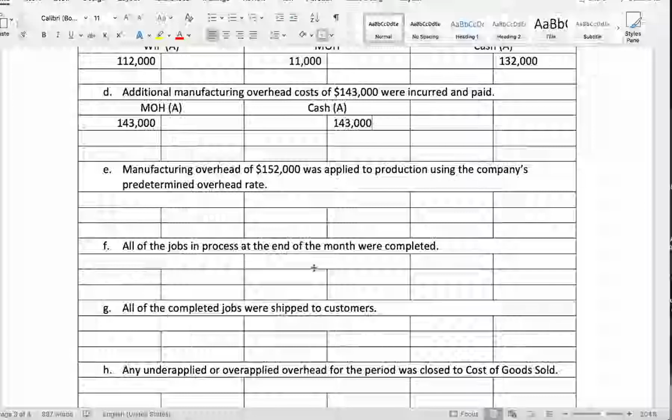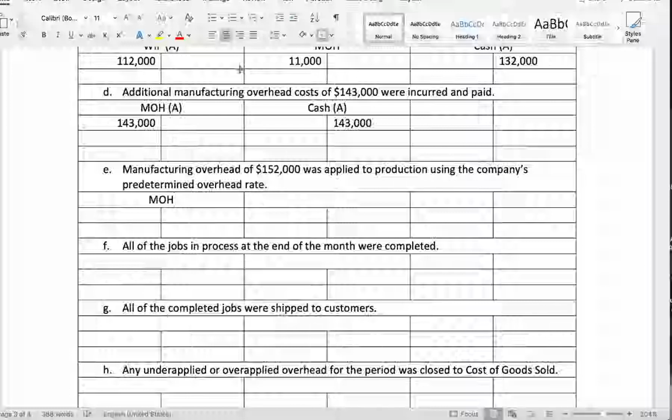All we've got to do is worry about the journal entry. Obviously we're going to hit manufacturing overhead. Remember, manufacturing overhead, the left side is what we actually incurred. The right side is what we apply.